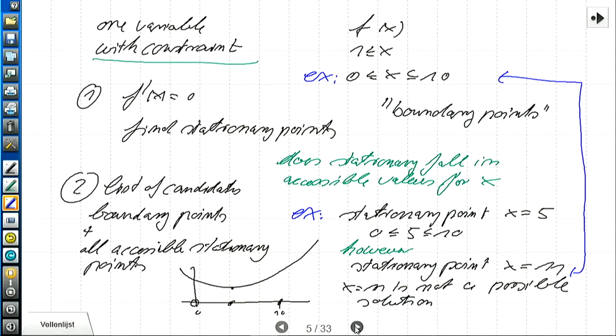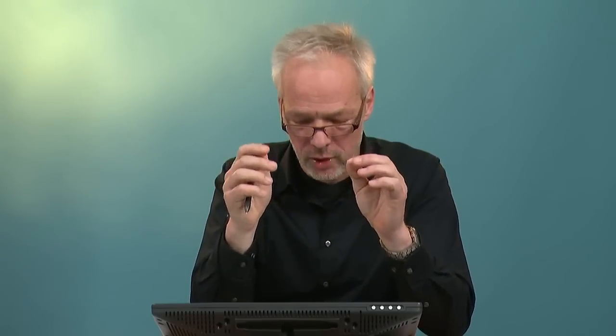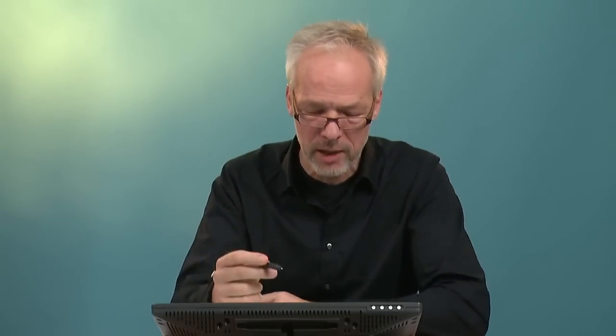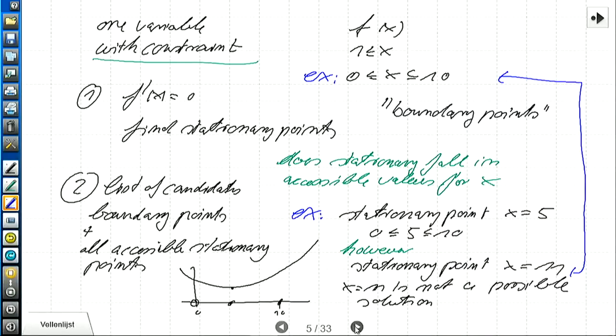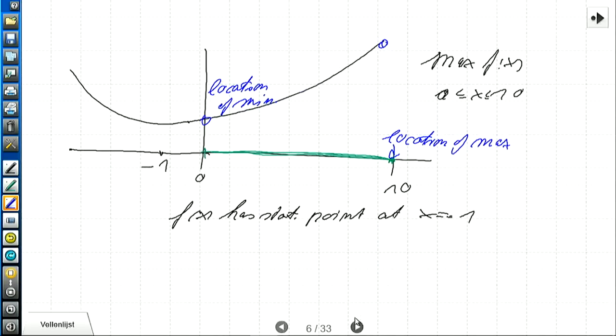We have to again find stationary points, and double check whether the stationary point is in the admissible range. If so, that's good. Then we can check the nature of the point and argue with the value of the boundary points. If not, just look at the boundary points and by reasoning conclude where's the max or the minimum.